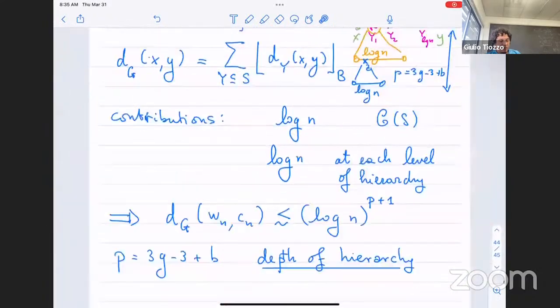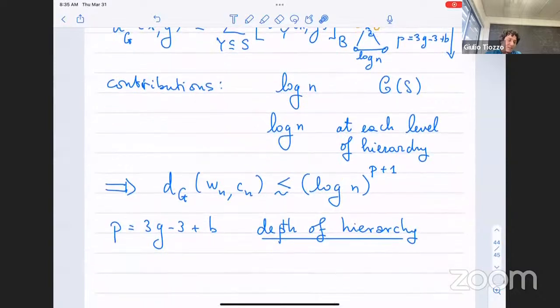So in the end, you indeed prove the tracking property.